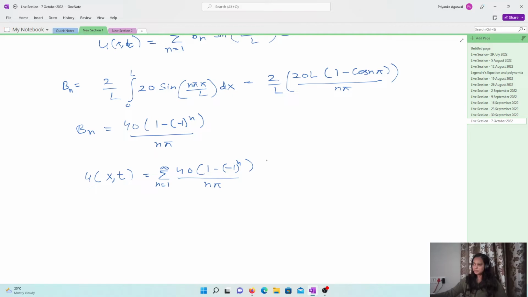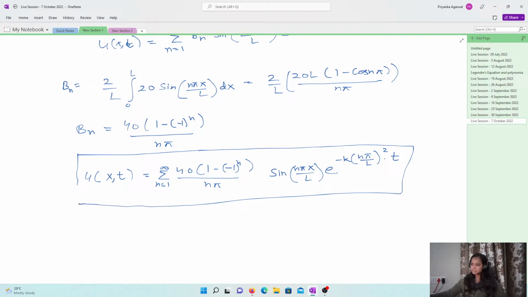So this is our Dn, and then we have sin n pi x over l, e to the power minus k n pi by l square into t. So this is the required solution in this case.